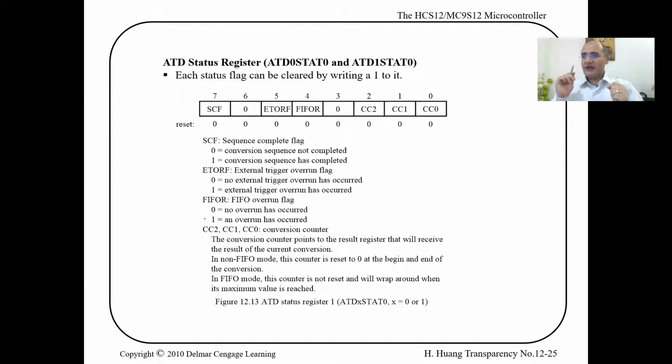There is a bit in the status register 0 here, this bit, that will rise when the conversion sequence is complete. So we will need to be monitoring this bit. It by default is 0. So when we write to control register 5 and say read, then we go check this. While this is still 0, we stay waiting for it. When it's 1, then the data is ready. We go read the data.